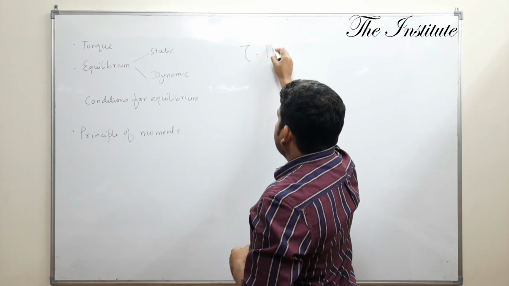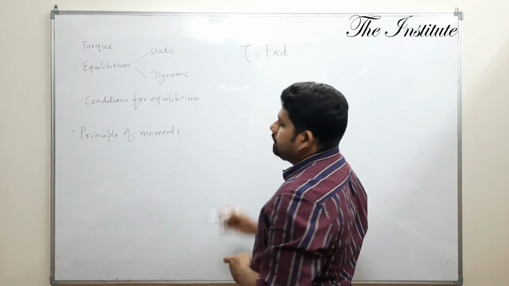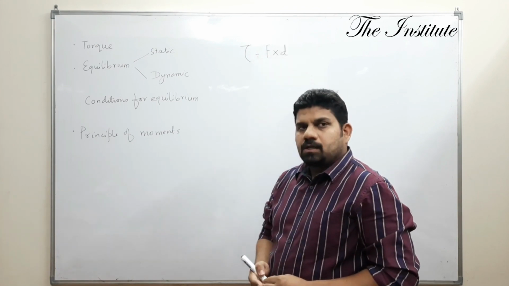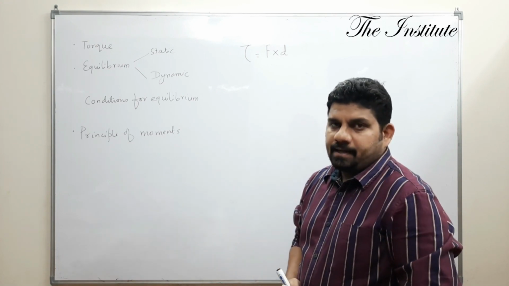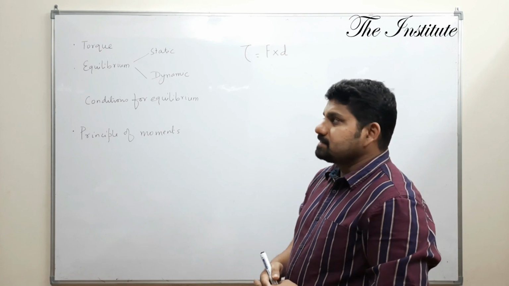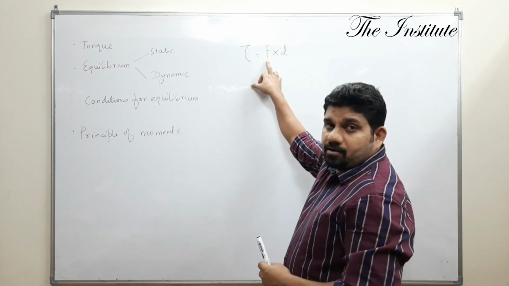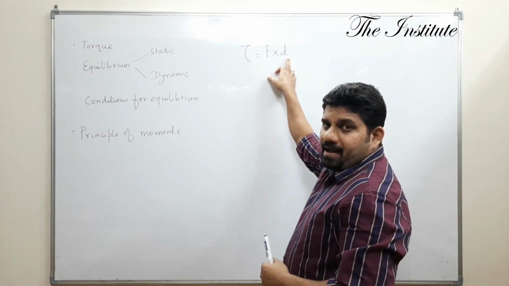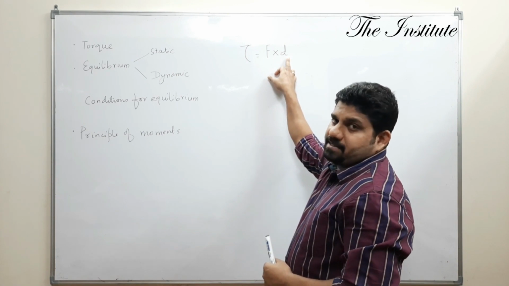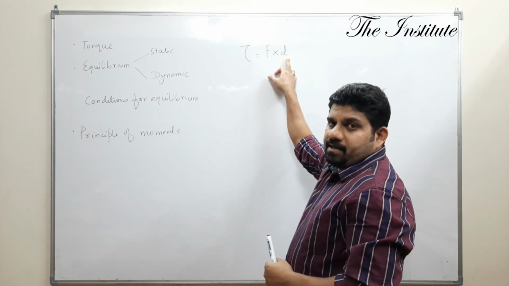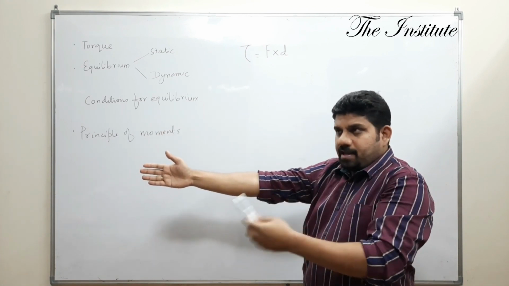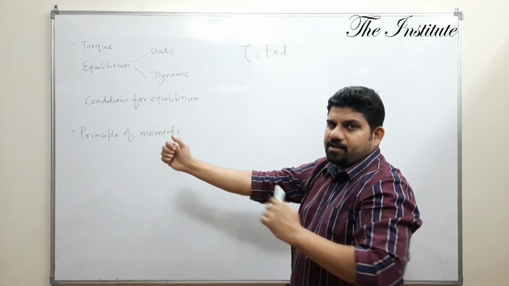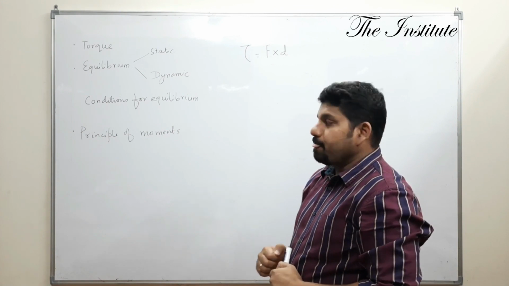So we talked about how torque, or the turning effect of force, is defined as the product of force and perpendicular distance between the line of action of force and the axis of rotation, right?